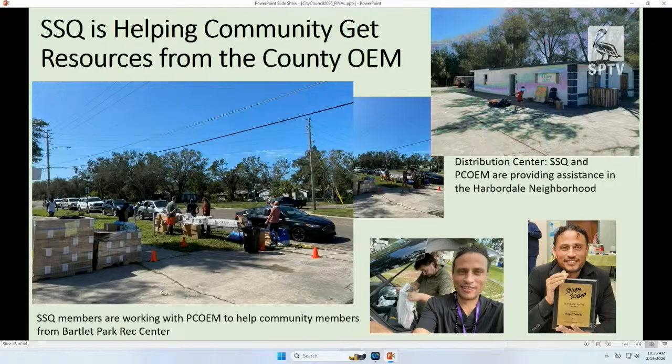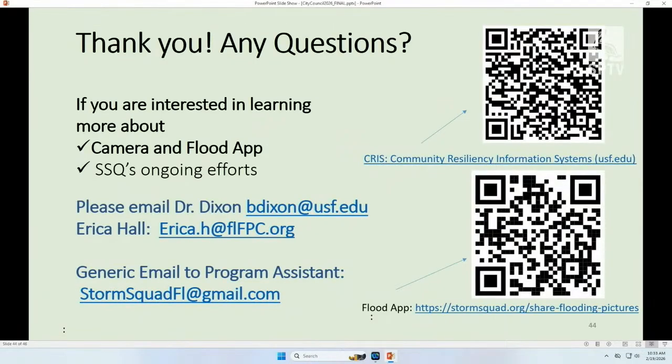And closing that, I just want to say resilience in St. Petersburg is strongest where community leadership already exists. Storm Squad brings tools, CRIS brings data, Childs Park brings lived leadership, Office of Emergency Management brings institutional response.